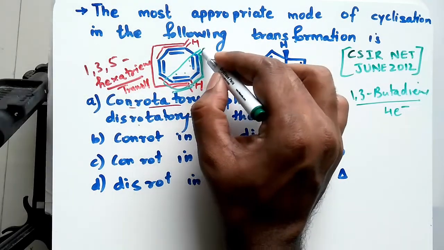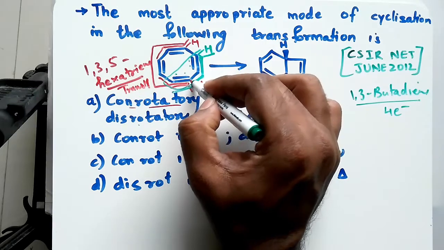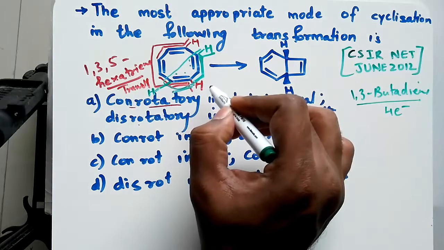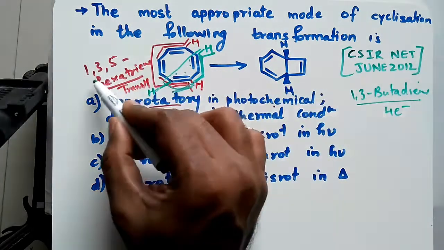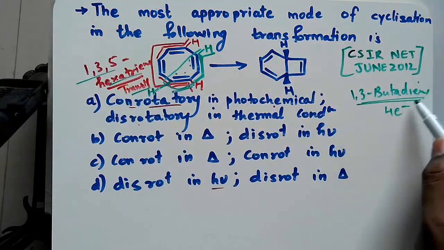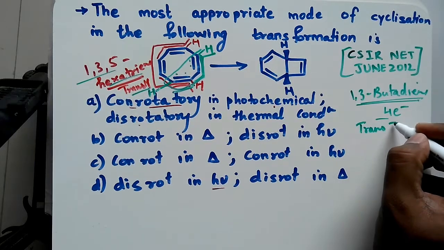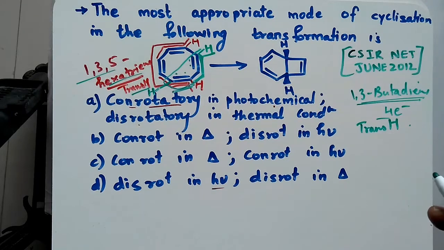Again, if you observe hydrogens over here, it is trans to this part, and the hydrogen in this part is again trans. So we have two parts: 1,3,5-hexatriene with trans hydrogen, and 1,3-butadiene, 4 electron, again trans hydrogen. With this information, we'll proceed.